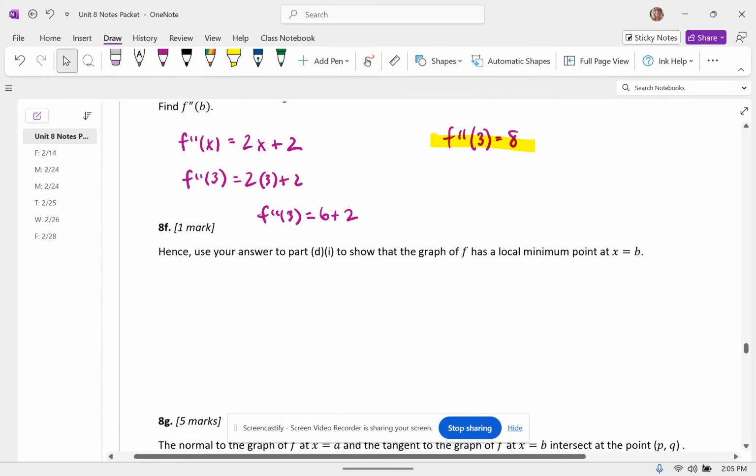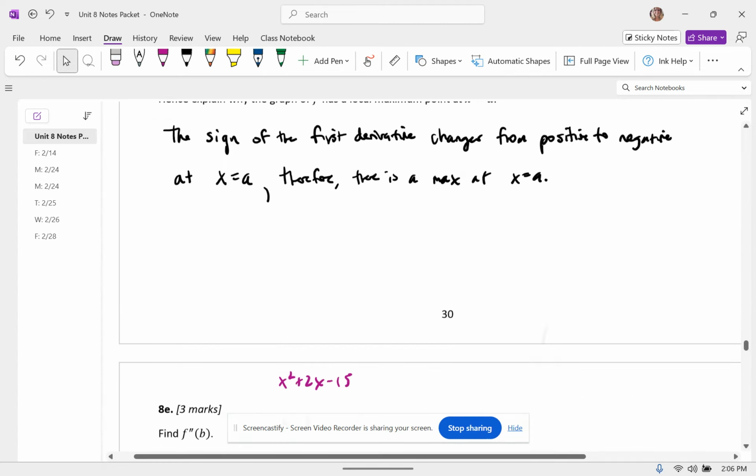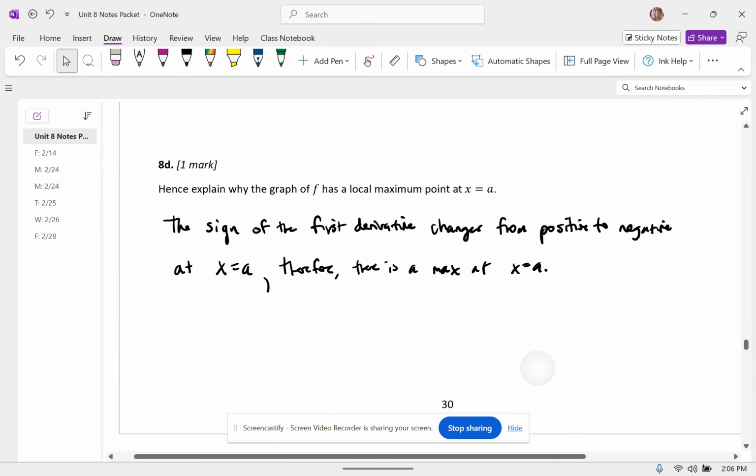Hence, what? That's it. Yeah. Hence, use your answer to part DI to show that the graph of f has a local minimum point at x equals b. Okay. So use your answer to part DI. Where's DI? Oh, nothing.